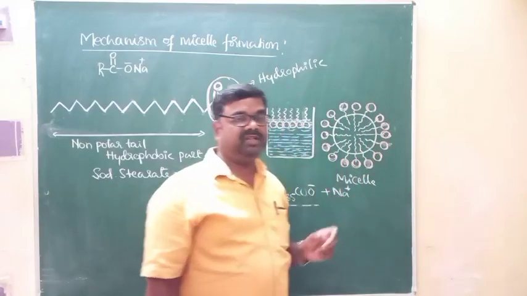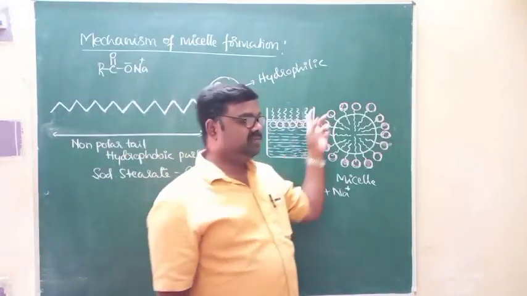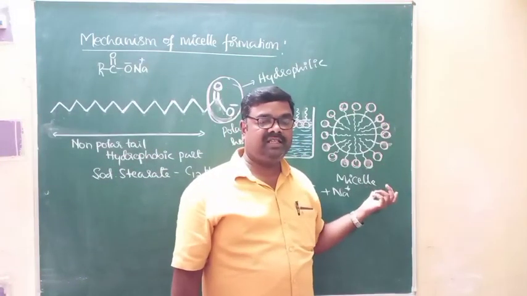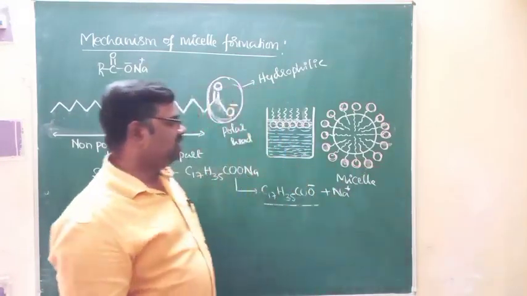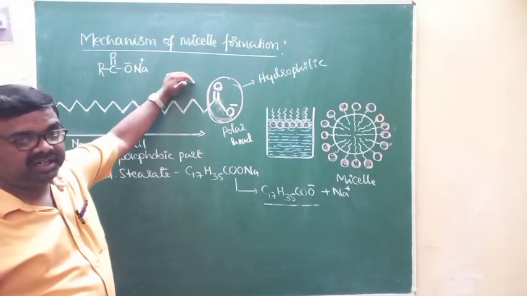That results in the formation of a spherical shaped particle, and that is what we call a micelle, or an ionic micelle. This is how a micelle is produced at critical micelle concentration.